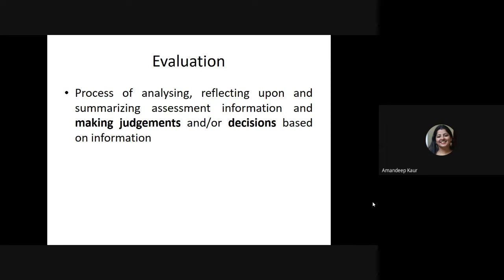So when we say that this particular student is able to get more than 80% of the marks in a given semester, I am passing judgment. When I design a test and that student, after appearing in the test, is able to achieve 80% of the marks, it means my judgment about that student's performance was accurate. So we are passing judgment.